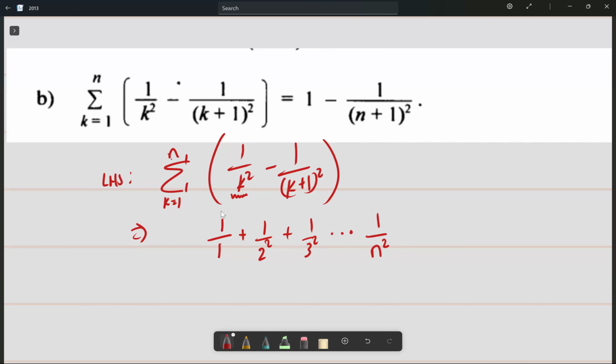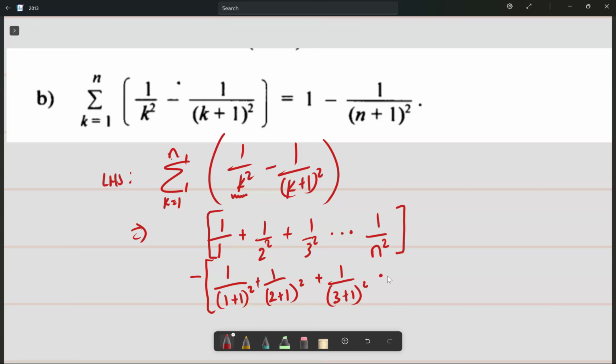This is this section. And from that, we keep subtracting 1 over 1 plus 1 squared, minus 1 over 2 plus 1 squared, plus 1 over 3 plus 1 squared, going up to 1 over n squared, and 1 over n plus 1 squared.